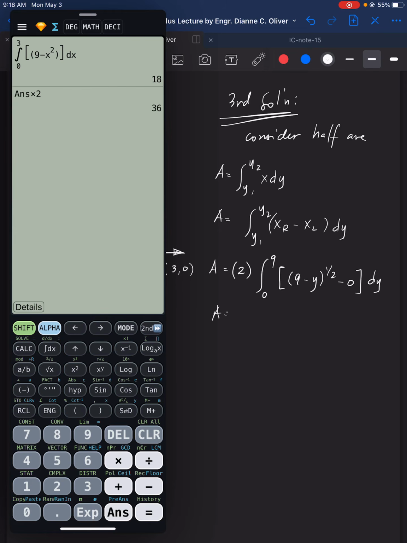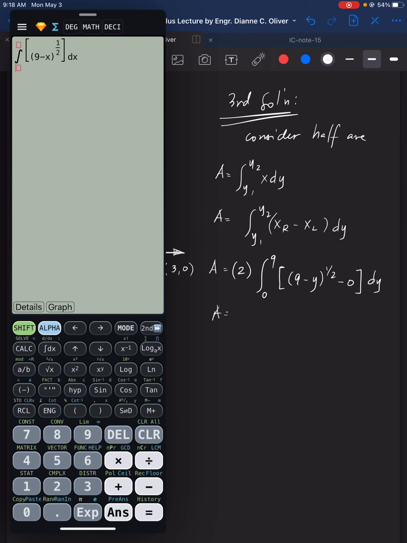If you are allowed the calculator, then use the calculator. But if you're not allowed, then at least you know how to use the long method that we have discussed in the previous video about definite integrals. Okay, so type in 9 minus y raised to the power of 1/2.